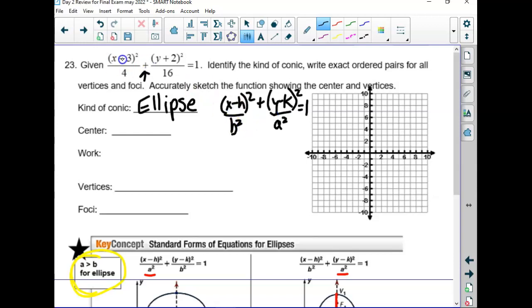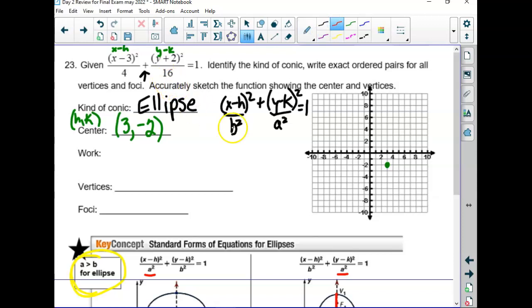Just trying to rewrite the form from the sheet so that you can tell me what are h and k, guys. This is x minus h, so h is 3. Center's h, k, so that would be 3. And this is y minus k, so negative 2. So the center is at 3, negative 2.